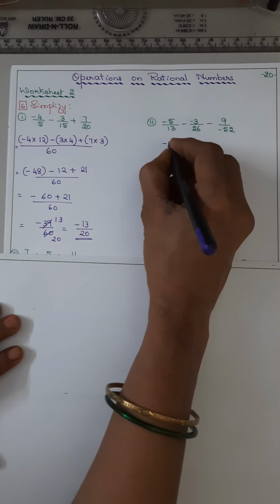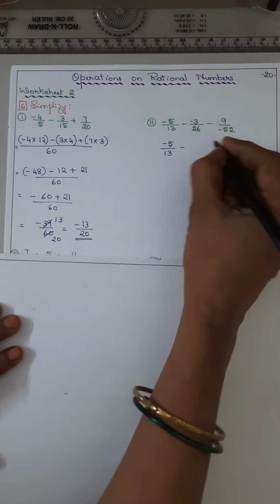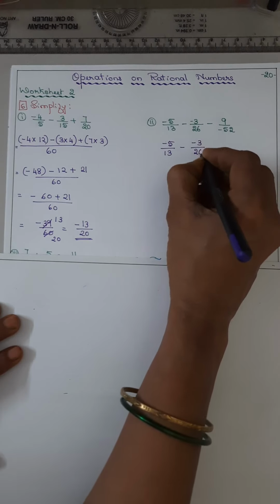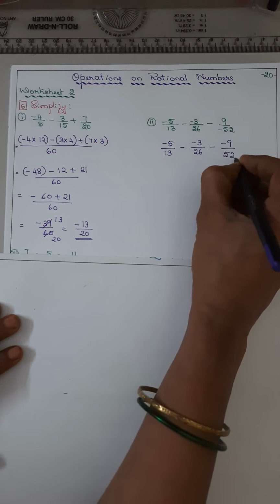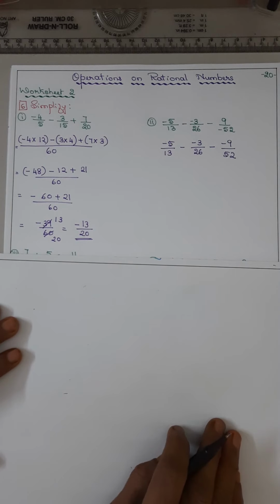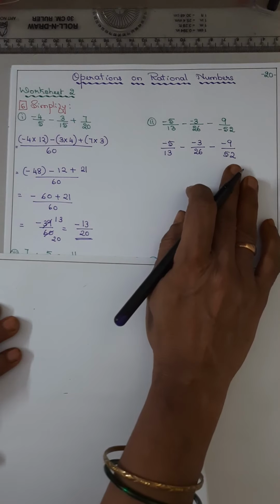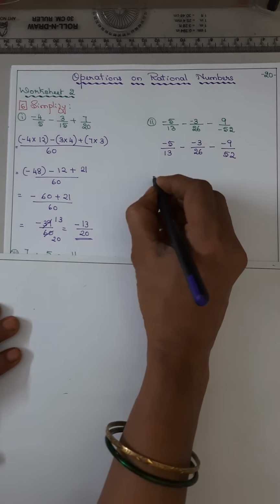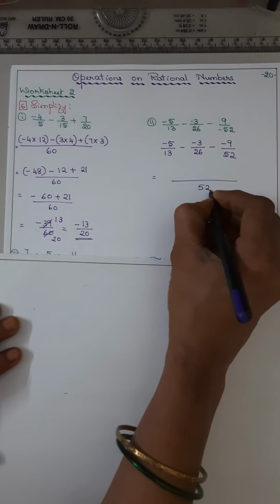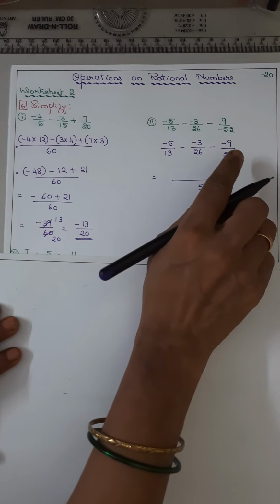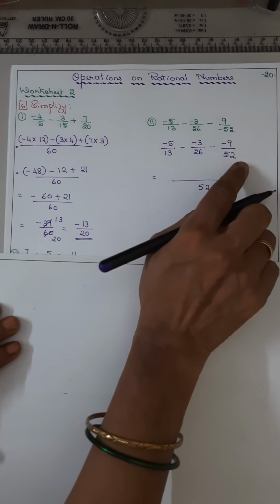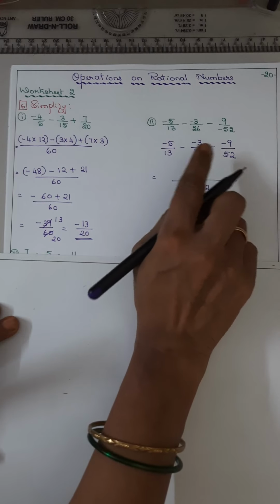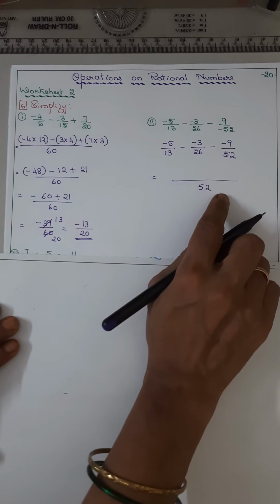So it becomes minus 5 by 13 minus 3 by 26 minus, this becomes minus 9 by 52. समझ में आया? सबसे पहले डिनोमिनेटर को पॉजिटिव करो. अभी ये तीनों नंबर को देखेंगे तो 52 is the LCM. 26 2s are 52, 13 4s are 52. So 52 is the LCM.